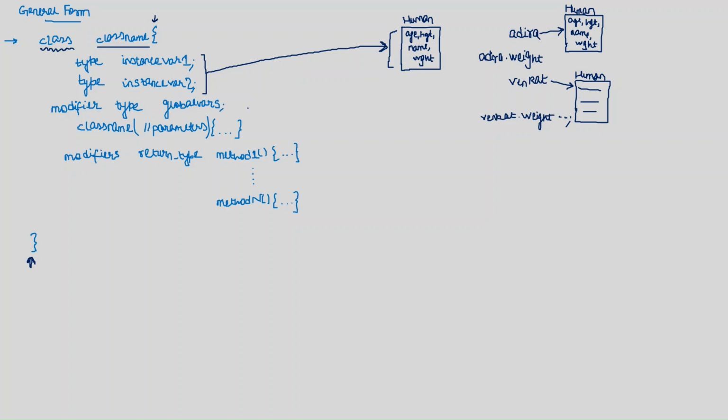Okay. Now, we have these global variables. What are these? These are basically global variables. These are specifically those kinds of variables which a class has only one copy of. So let me write it down here.